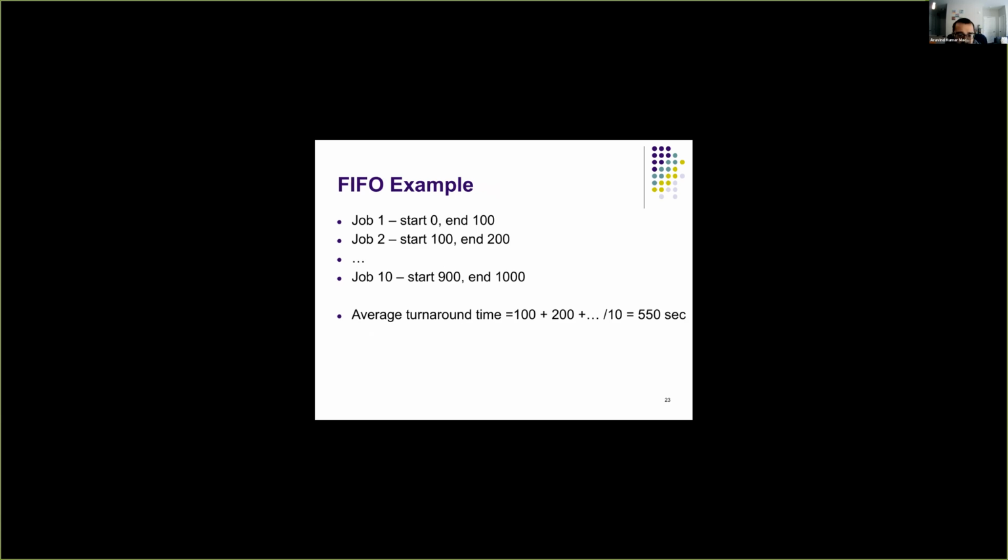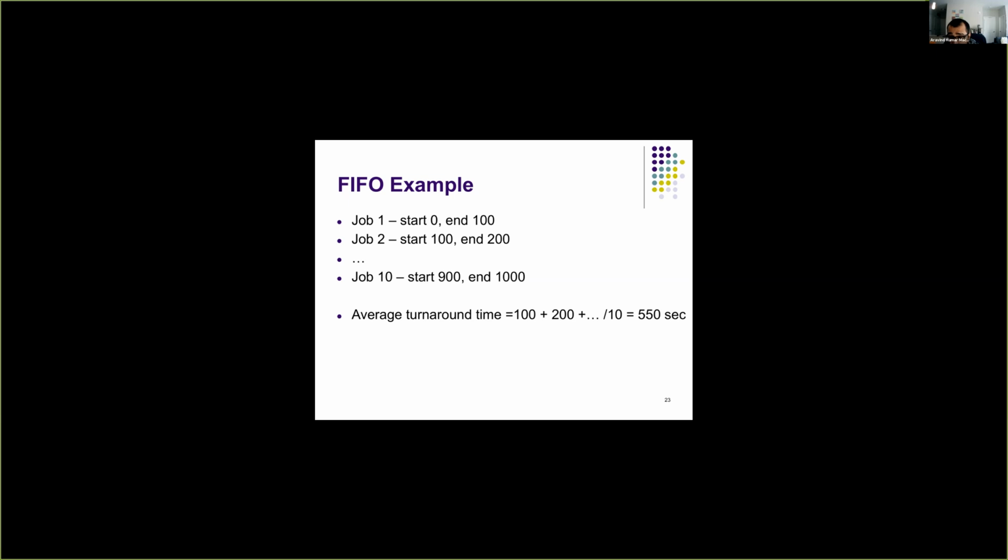So let's see what happens when we use FIFO, first in first out. We start with job one at time zero and end at 100. Job two starts at 100 when job one ends, and it ends at 200, and so on and so forth. Finally, job 10 ends at 1000.